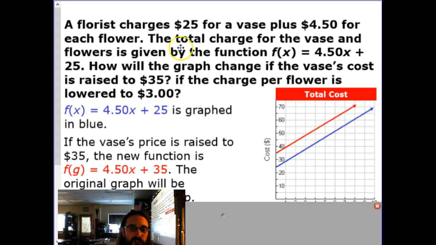Well, if you increase the cost of the vase, the graph will shift up by that difference. So it'll shift up by $10. What if you change the per flower charge from $4.50 to $3? Well, if you do that, you're going to rotate it, and it's not going to be as steep.